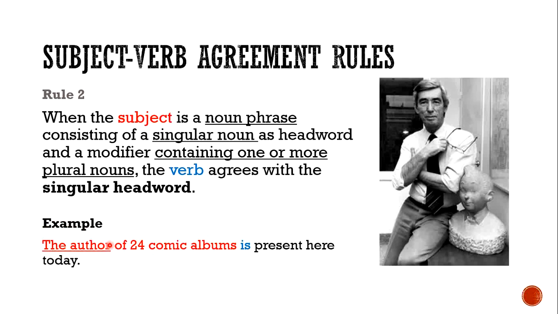We are talking about the author, we are not talking about the 24 comic albums. This is modifying the head noun. If you notice, this is plural, but the head word is singular.